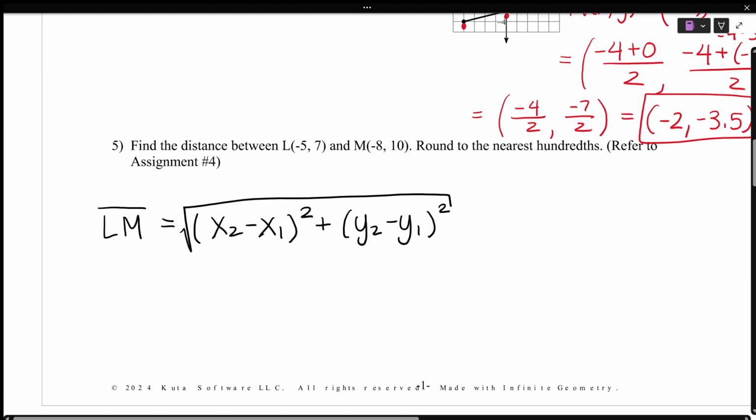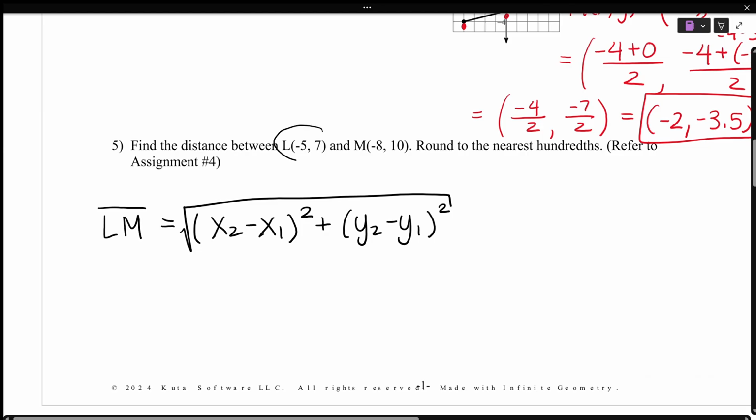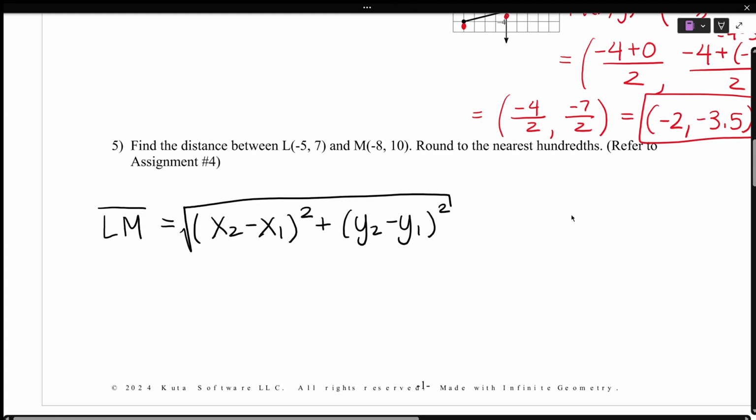And we have our first point L and we have our second point M. We're going to plug our numbers into this equation, and then we're going to round to the nearest hundredths. Okay, so same process here.